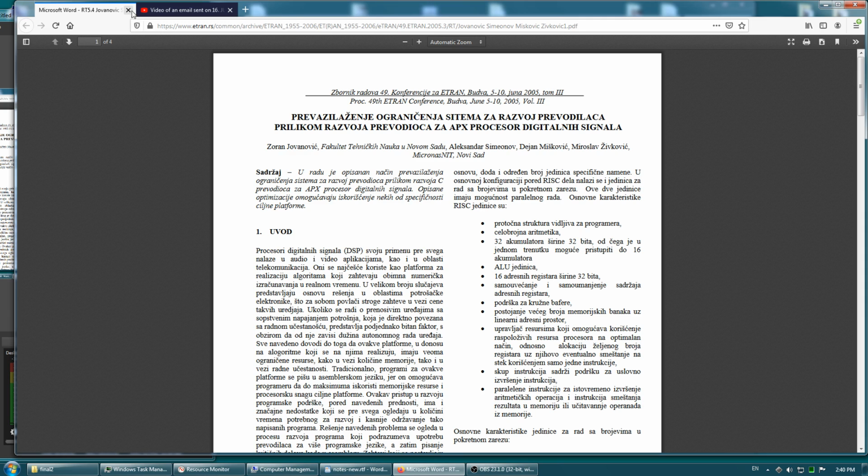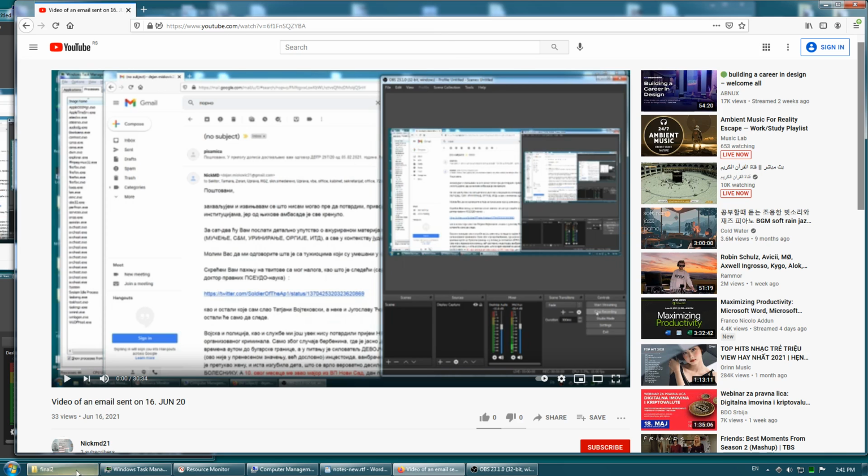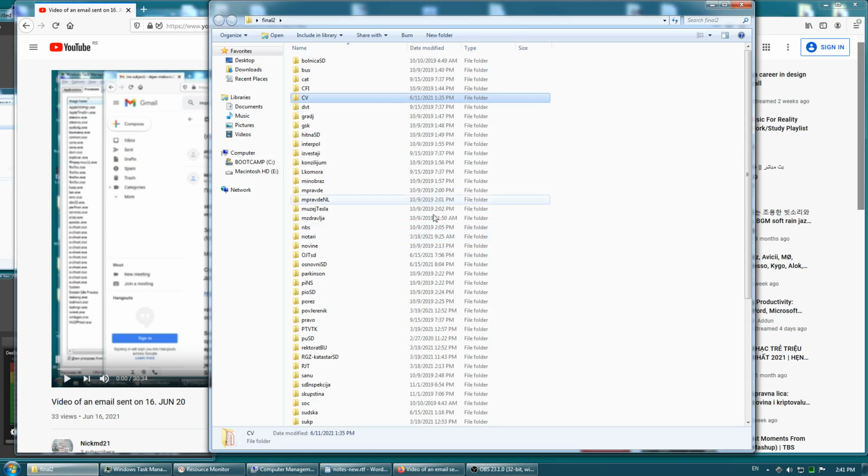These papers are something that I haven't added to my folder, the GDrive folder containing papers related to my CV.